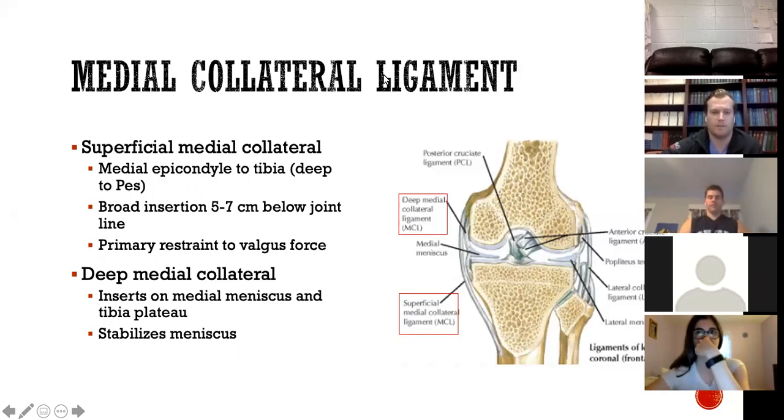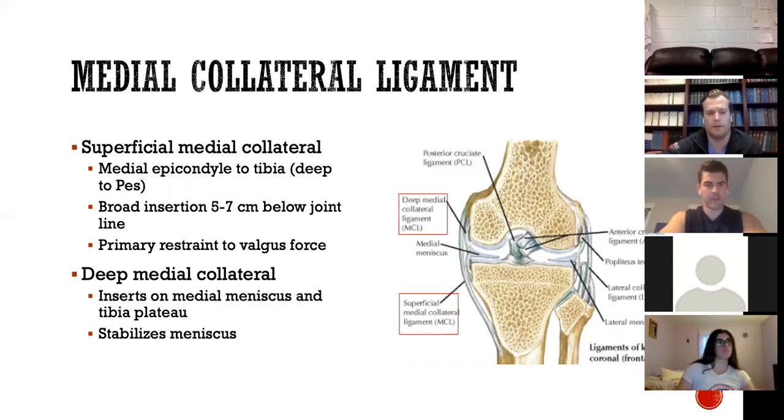It travels deep to the pes tendons and has a broad insertion about 5 to 7 centimeters below the joint line. Separately, there is a deep medial collateral ligament, much closer to the joint line, that inserts onto the medial meniscus as well as the tibial plateau. It has more of a function to stabilize the meniscus rather than provide a restraint to valgus force.